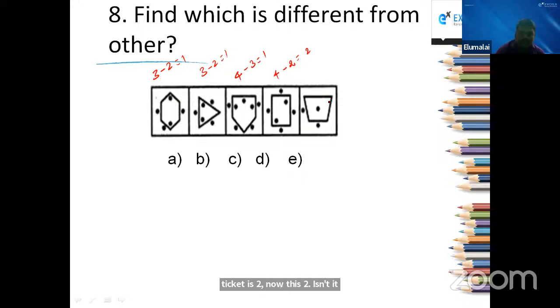Yes. Now if we come to this one, the number of dots outside the figure is 2 and inside the figure is 1, so the answer is 1. Now you could have identified which one is the odd man out. It's option D.